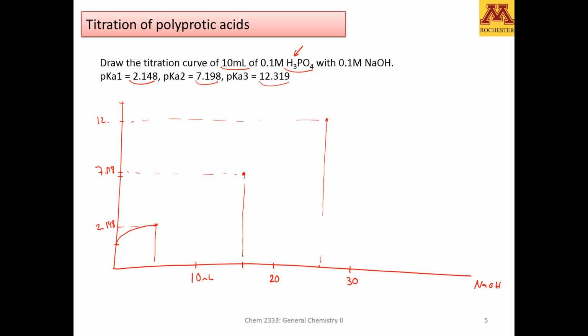So that I know where, not the jumps, but the 3 different buffers that I can see in the titration. So you first start with having mostly phosphoric acid. Phosphoric acid starts to react until halfway of the titration. What you have here is a 50-50 phosphoric acid and dihydrogen phosphate.